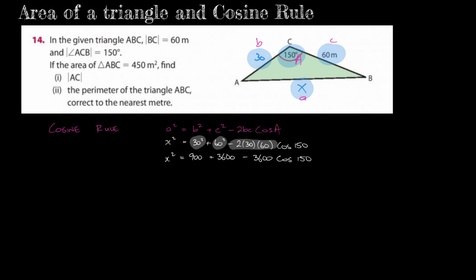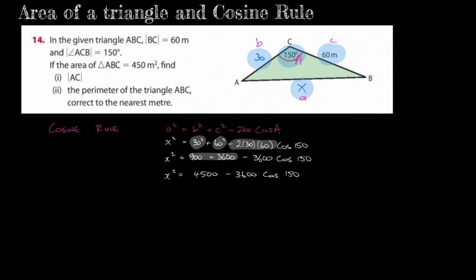So next step there, x squared will be equal to, if I pull the two of these together this time, I'll end up with 4500 minus 3600 cos of 150.